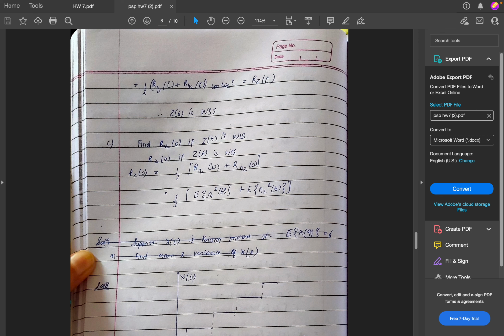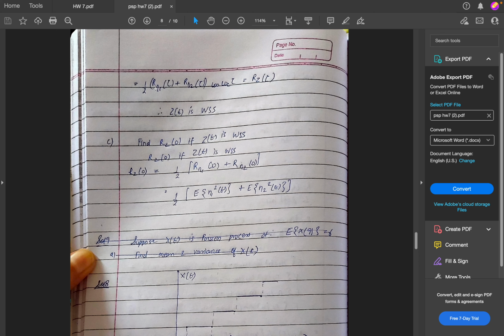Rn1(0) can be written as the expected value of n1²(t), and Rn2(0) can be written as the expected value of n2²(t). So that is all for the seventh question of homework 7.